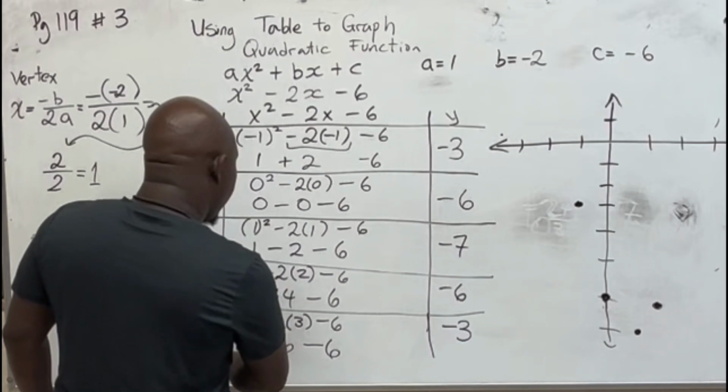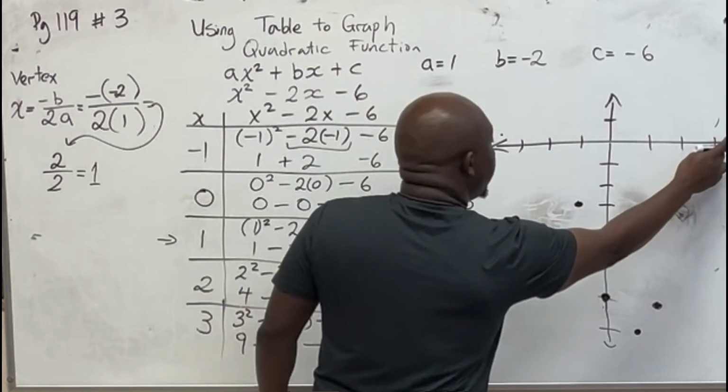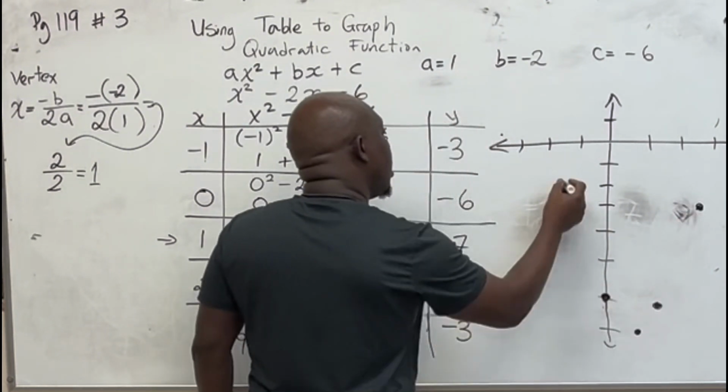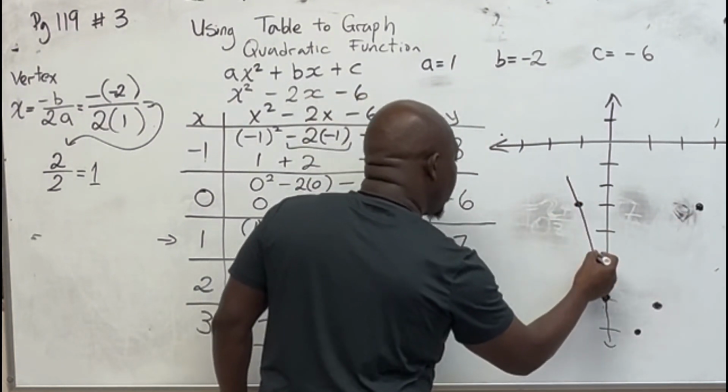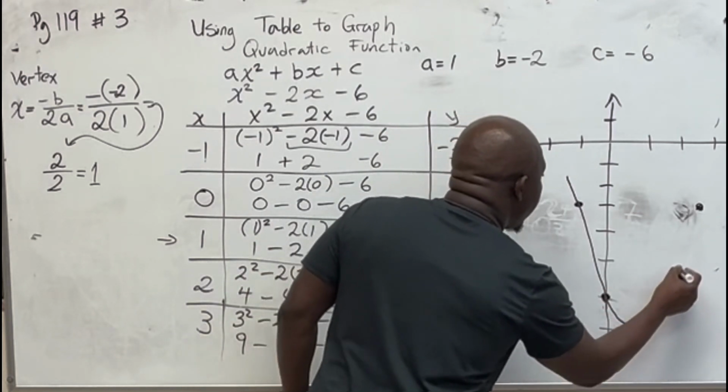And the last one, 3, negative 3. Now, see, my quadratic looks more like this.